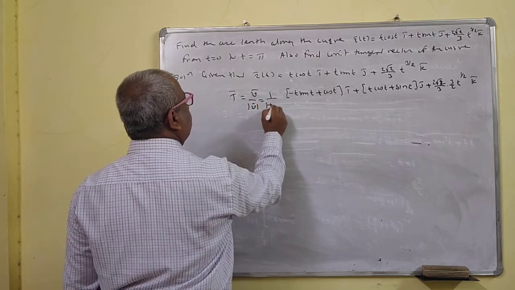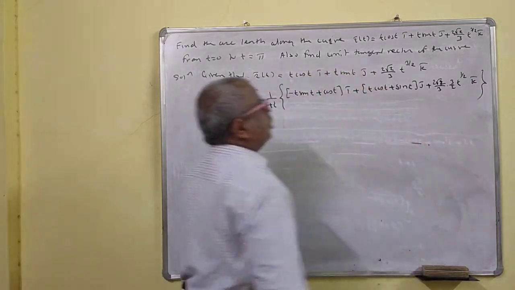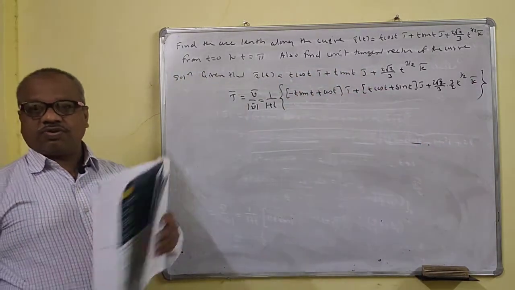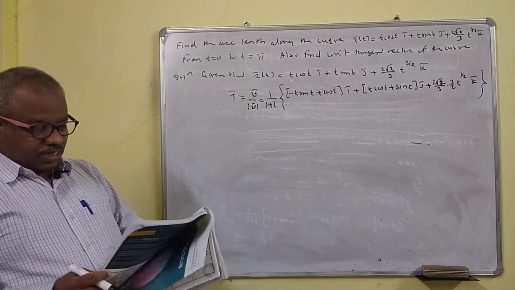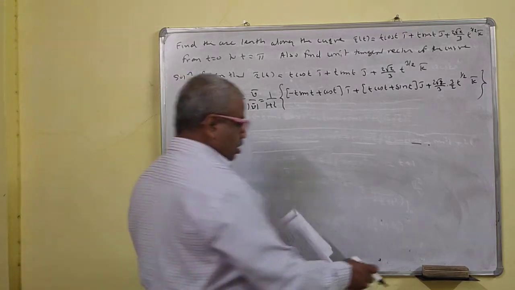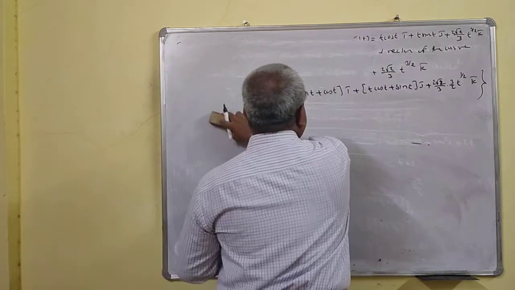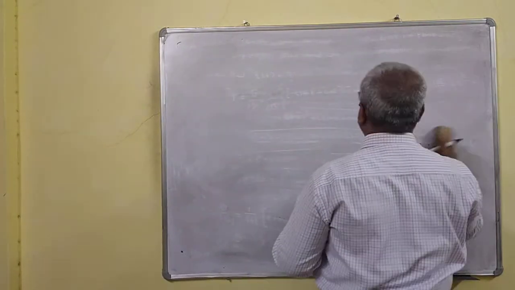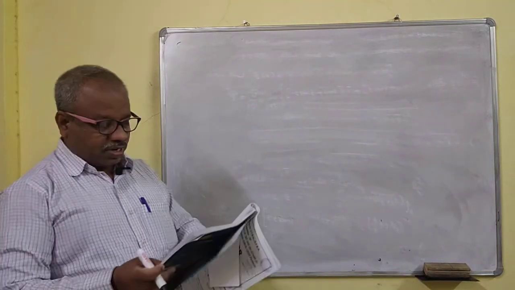So this is 1 upon 1 plus t into minus t sin t plus cos t and so on, just writing all of v bar. So this is your unit tangent vector. I hope you understand this. The crucial part here is to take the derivative and use simple algebra. We also have to use the simple trigonometric formula.